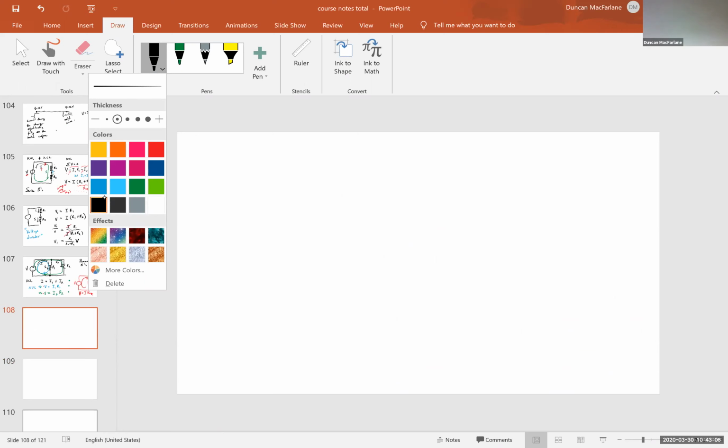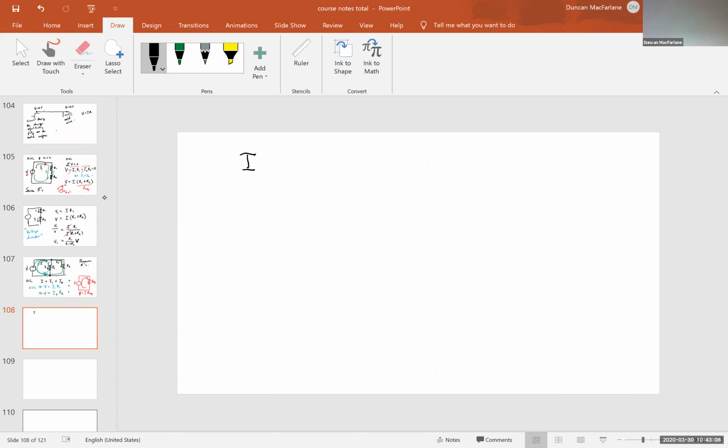So I have R equivalent is equal to I1 plus I2. That's our Kirchhoff's law. And that's going to equal I1 times R1.